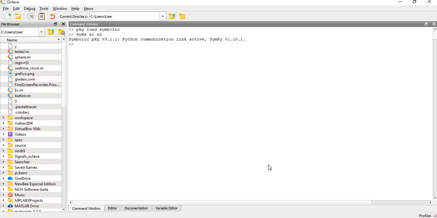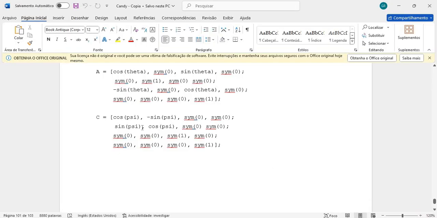Okay, now we just need to enter the matrices. So let's adapt this one.